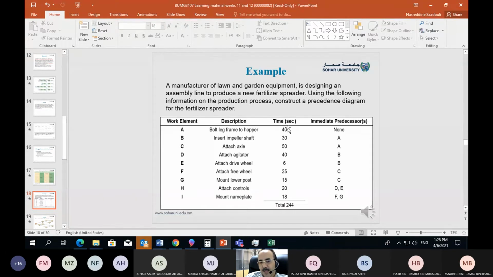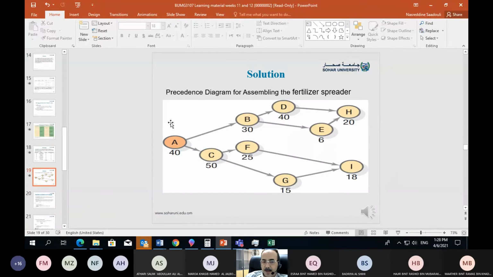This is just the total time of all of the work elements. This is the same as the one I have drawn here. So this is why we have A, then B, then C, E, and so on. This is the precedence relationship. What is given here is the time taken at each of the tasks. So it takes 40 seconds in A, 50 in C, 30 in B, and so on.